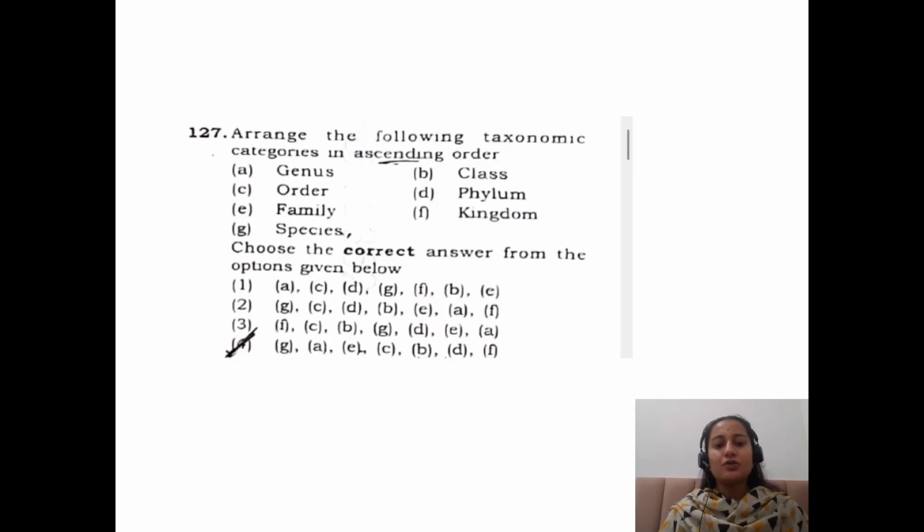Arrange the following taxonomic categories in ascending order. Again, this question is from the living world. In ascending order, we need to go from low to higher. First, let us say SGF, OCP, K. So species, genus, family, order, class, phylum, kingdom, and we have domain, life as well.